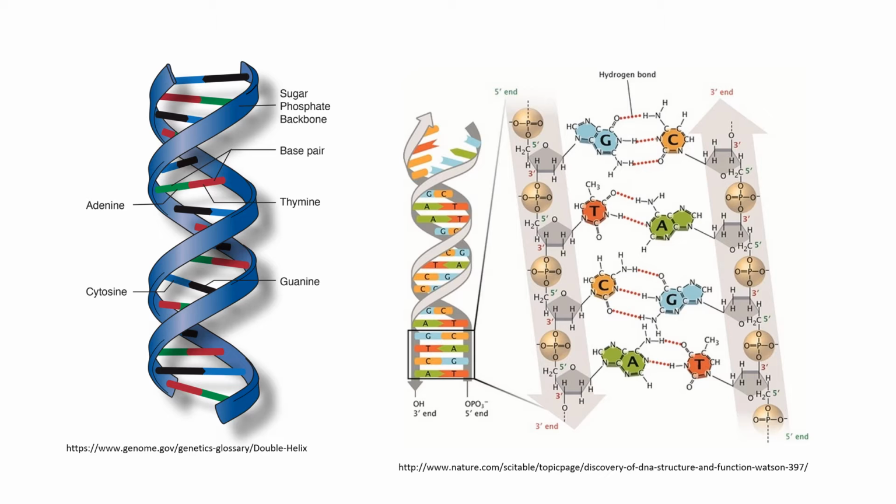And it turns out that they pair in a very interesting way. Guanine can only pair with cytosine, and adenine can only pair with thymine.